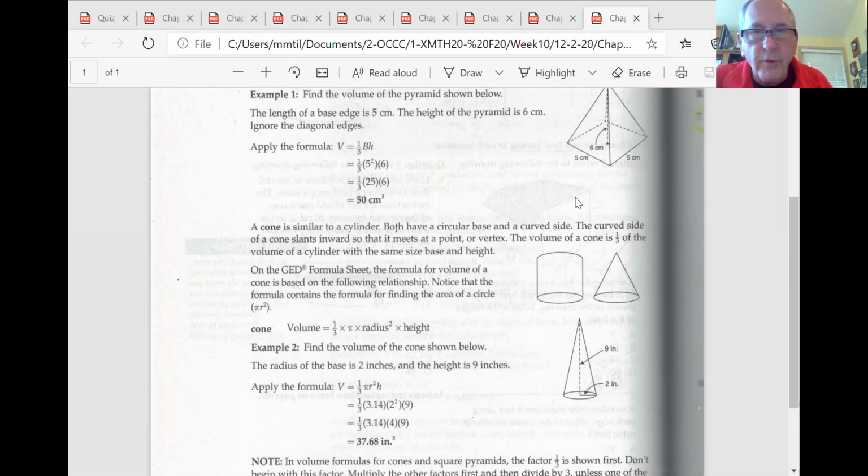It's the same formula as a pyramid. It's exactly the same thing, except the base is the area of the circle, as opposed to the base of a square up here. That's the only difference in that formula. It's 1/3 pi r squared h, or 1/3 base times height.